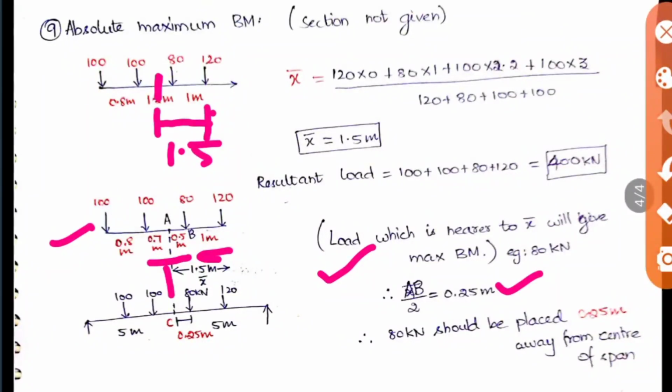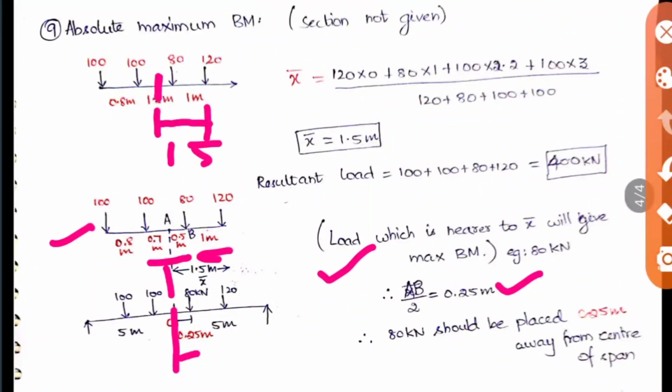Now you should keep this 80 kilonewton 0.25 meter from the center of the span. Here a 10 meter span is taken. So for a 10 meter span, what is the center? It is 5 meters. So from 5 meter, 0.25 meter, you have to place this 80 kilonewton.